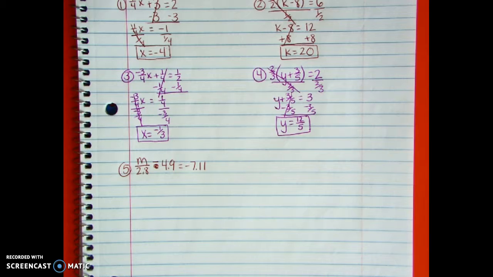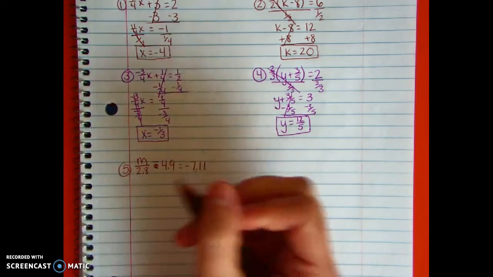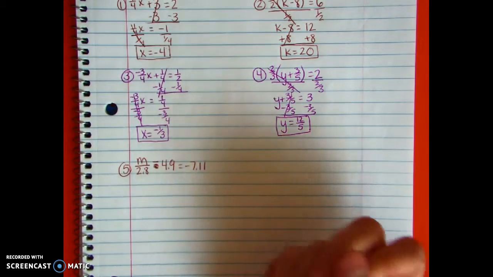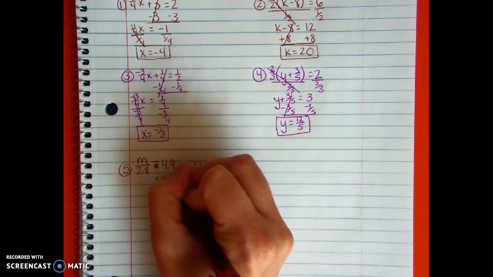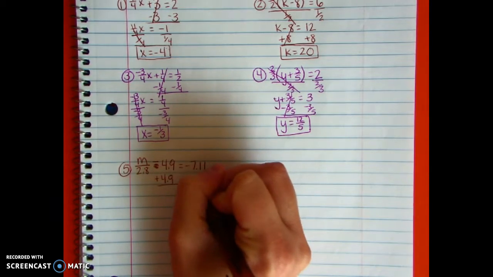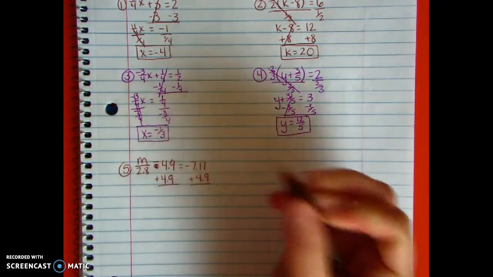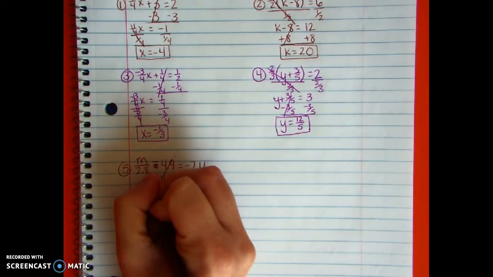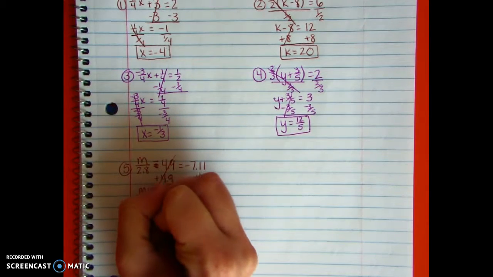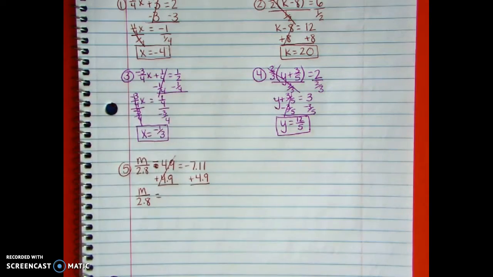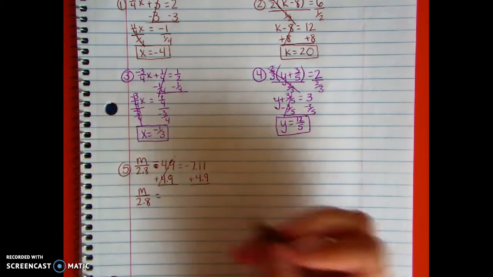So that's m over 2.8 minus 4.9 equals negative 7.11. Okay, this is a two-step. You know what to do. Add 4.9. That gets me m over 2.8 equals negative 7.11 plus 4.9 is negative 2.21.